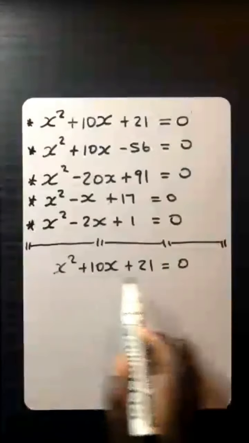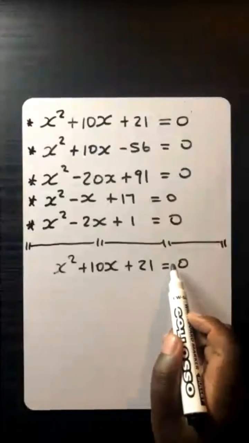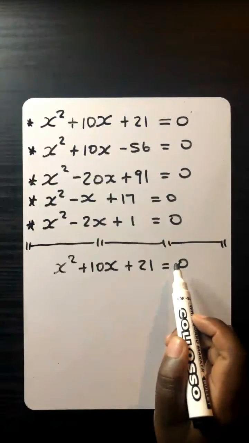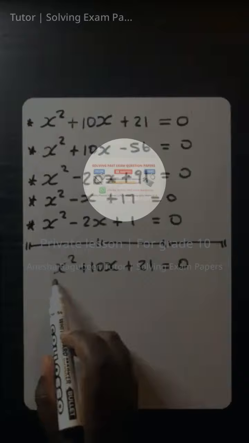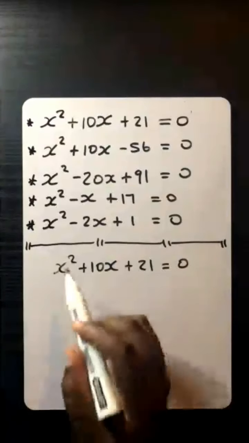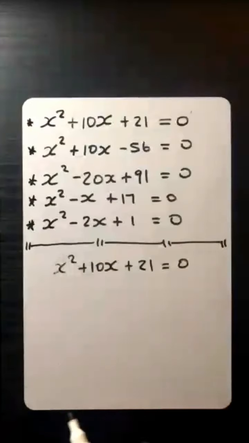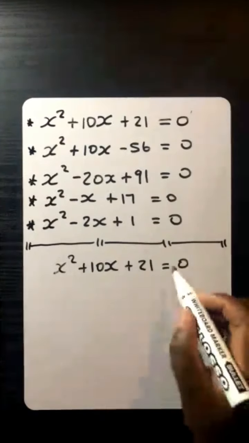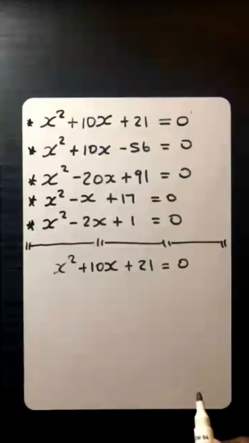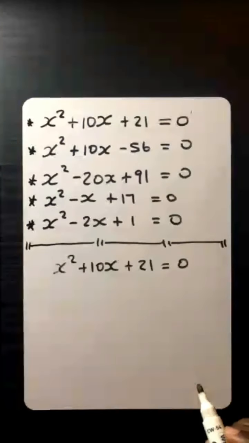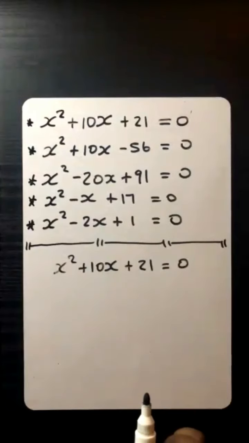So this is an equation because of that equal sign, and not just an equation, but a quadratic equation, because of that letter squared. The other question is, is it in the standard form? The answer is yes.